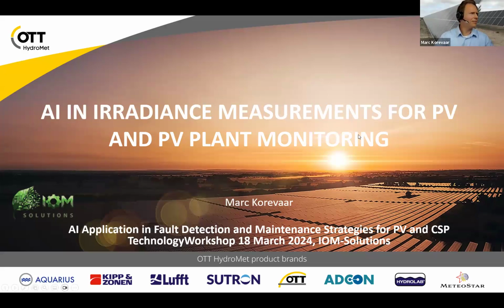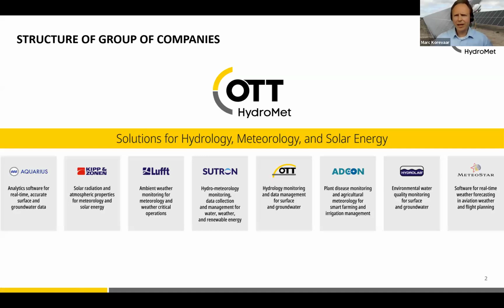I will first say a few introductory words about the company that I'm working at. It's called Hydromet, but Kipp and Zonen is part of it. And Kipp and Zonen makes the solar irradiance sensor and atmospheric science sensors for meteorology and solar energy.